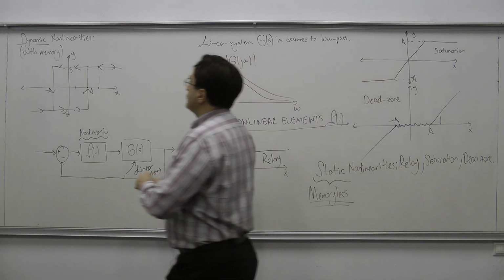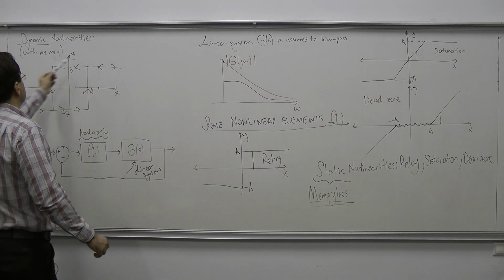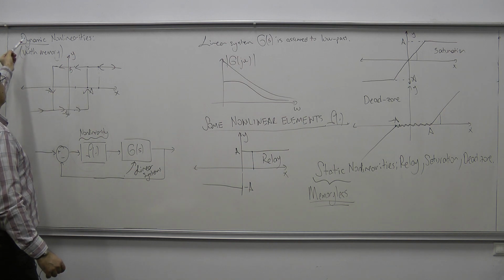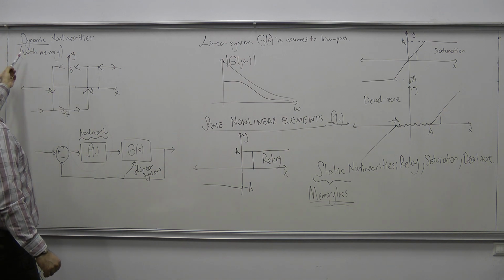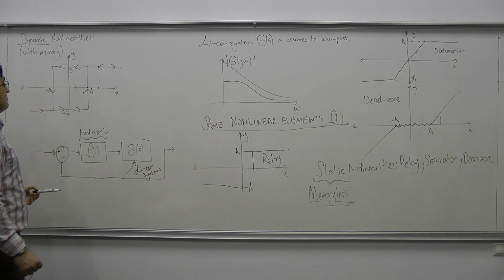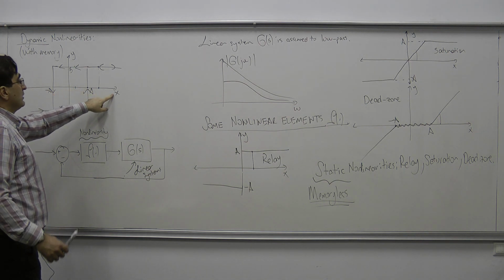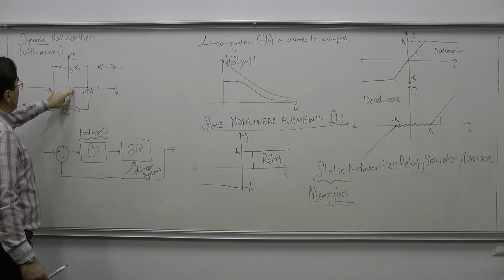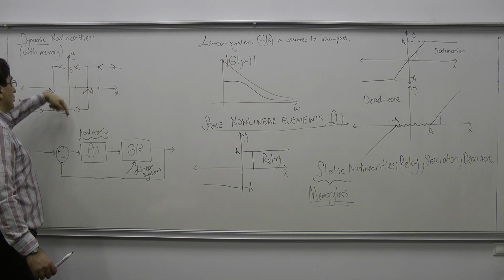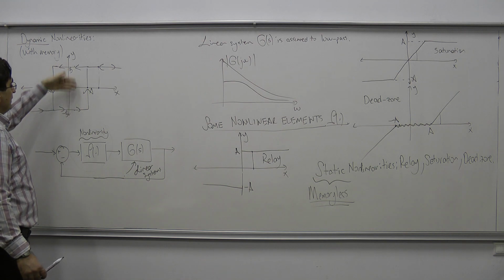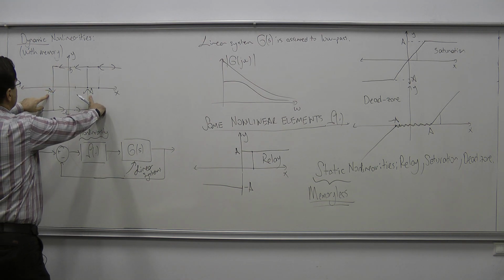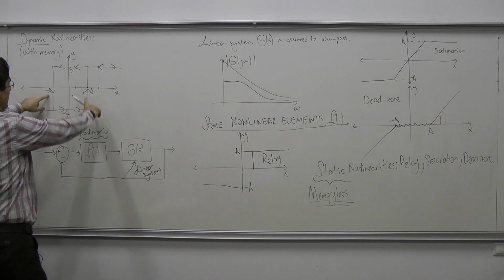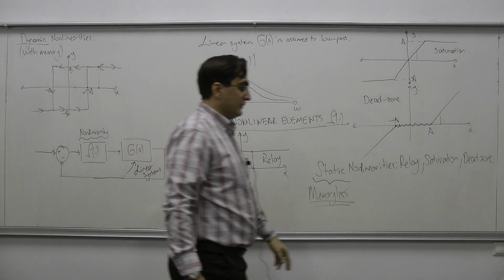That is why this element is called a dynamic nonlinearity, which means a nonlinearity with memory. So I need to know not only x, but also its derivative, in order to determine the value of the nonlinearity when x is between minus a and plus a.